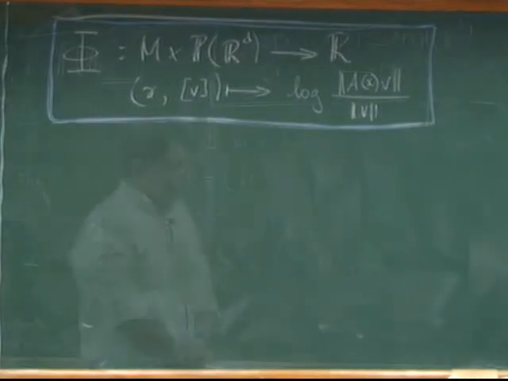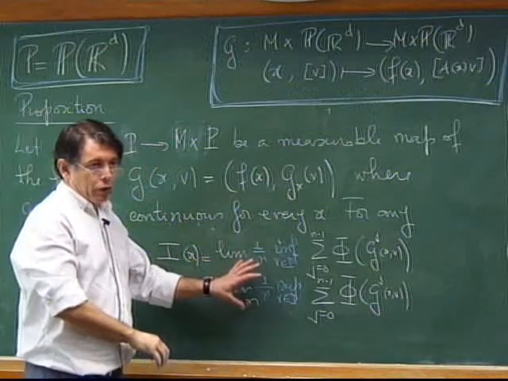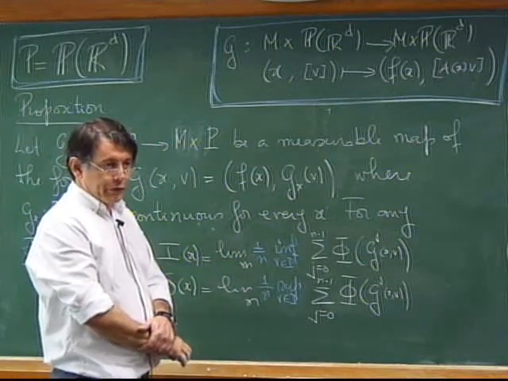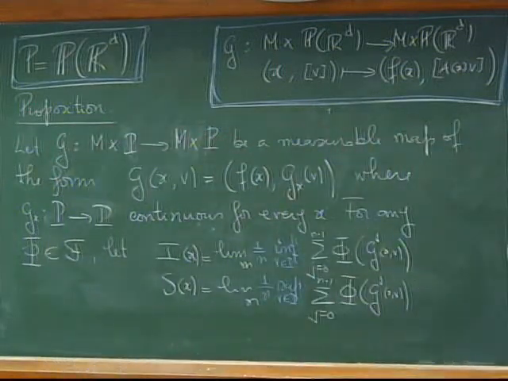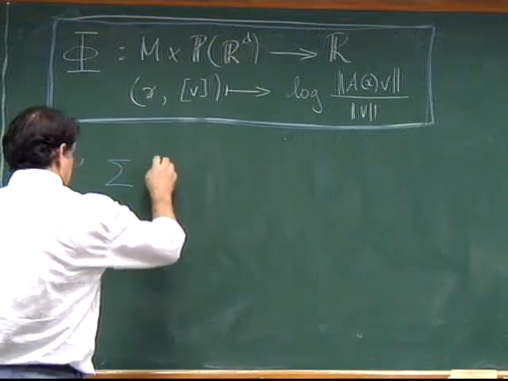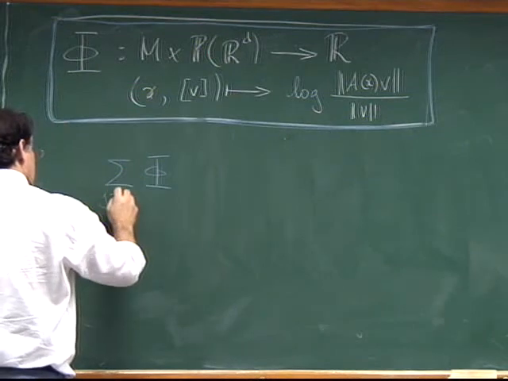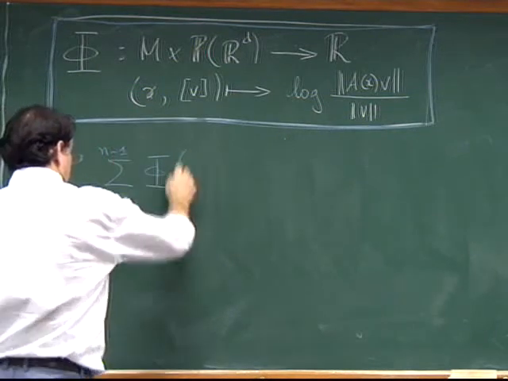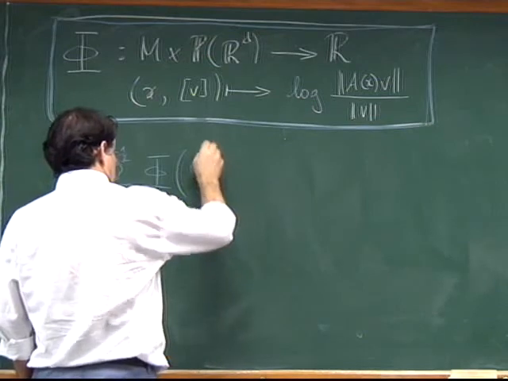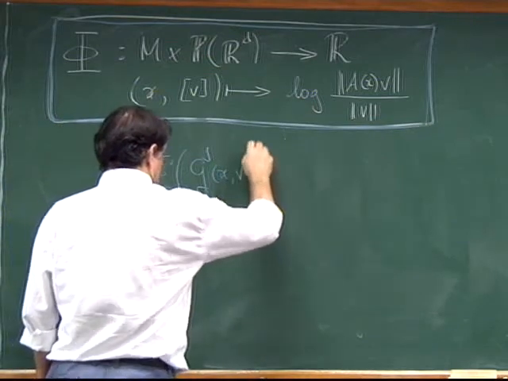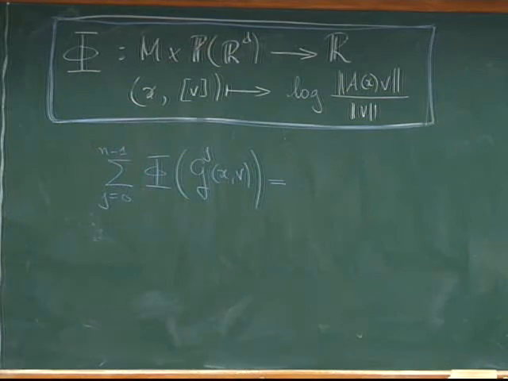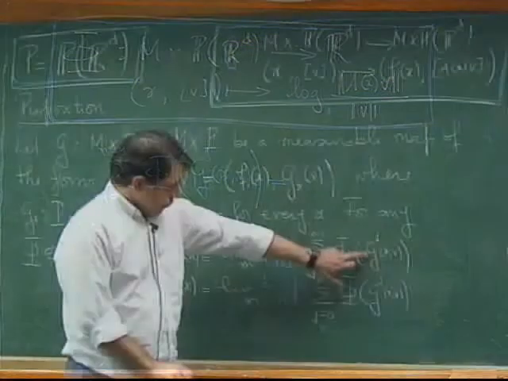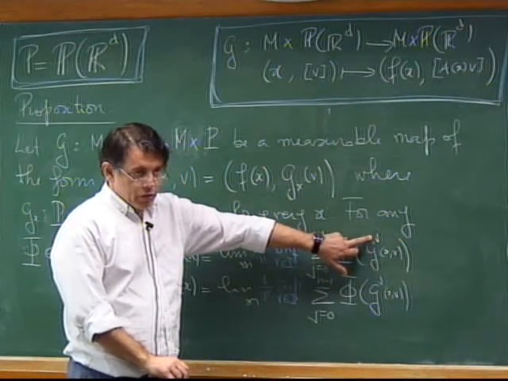Okay. So instead of going to the proof, let us look at what is written here and try to interpret it. What does it mean, the sum of phi calculated at g^j(x, v)? Because this is absolutely crucial to understand how the proof goes. We have first to understand what g^j(x, v) is.